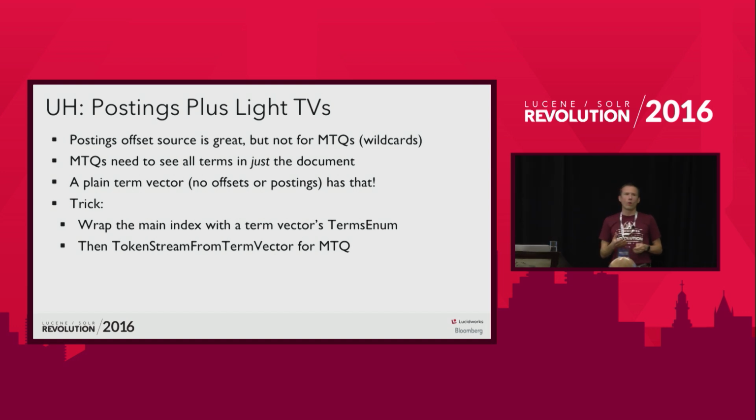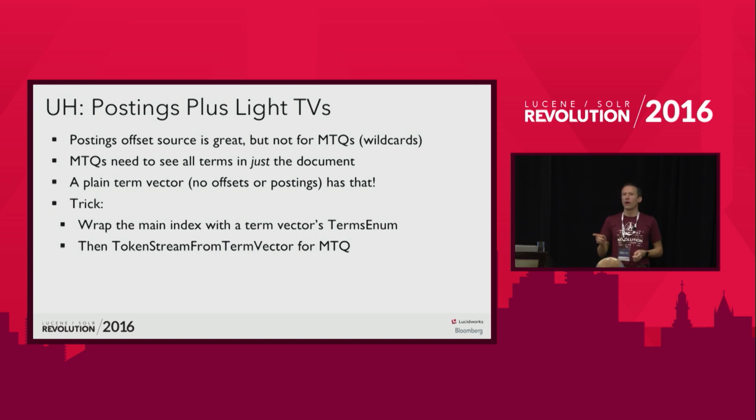And if you want to highlight wildcards fast, what you need to know is the unique set of terms in the specific document. And that's exactly what a term vector is. It is the unique set of terms in that document. So this is a hybrid mode where we look at the query, and if we don't see any wildcards, then we don't bother with the term vector at all.